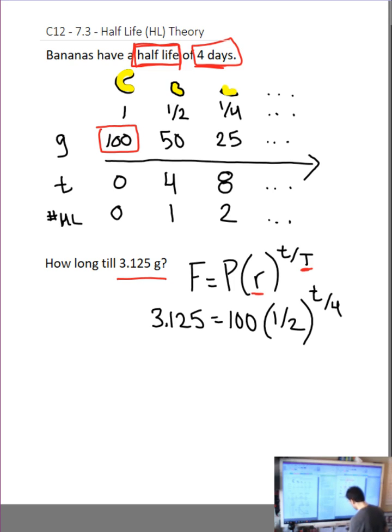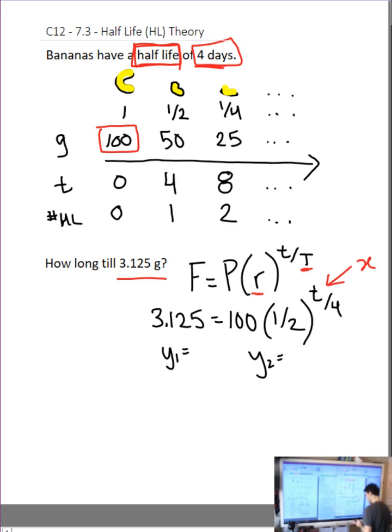So now I want to type into my calculator y1 equals this and y2 equals this. I could, for example, clean it up a whole bunch more, but right now I'm just going to type it in as I see it. Remember, we don't have a t variable on the calculator, so we have to use x. Now, I know that my y values are going to start up at near 100.